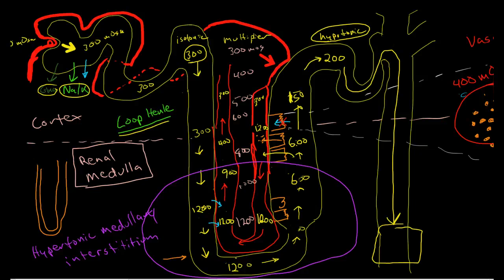So what happens is we've got our now hypotonic filtrate running down through the collecting duct, and as the collecting duct goes into the medulla, it's now up against this hypertonic medullary interstitium. So the body has two choices. It can open up aquaporins, which are little hollow protein pores that allow water to flow through.